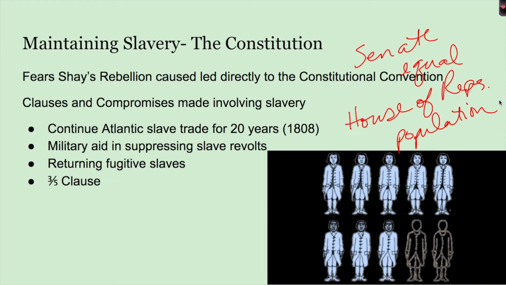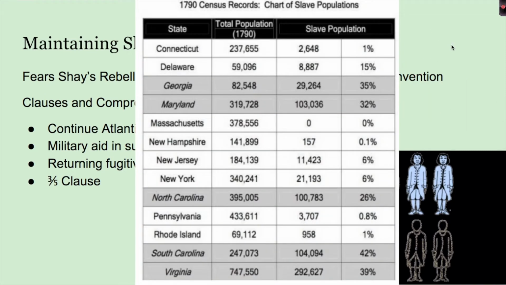So then the next question became, how do we count slaves in our population? Let's look at what our populations are when they're making these decisions for the Constitution. For example, let's look at South Carolina. They have 247,000 people in their population, but 104,000 of them are slaves. But as we remember, slaves can't vote.